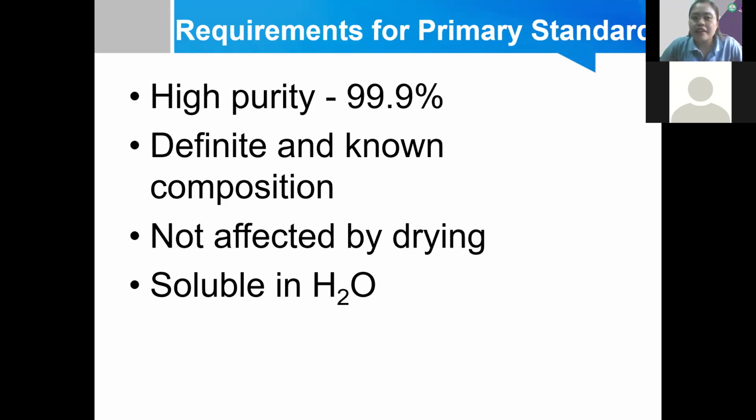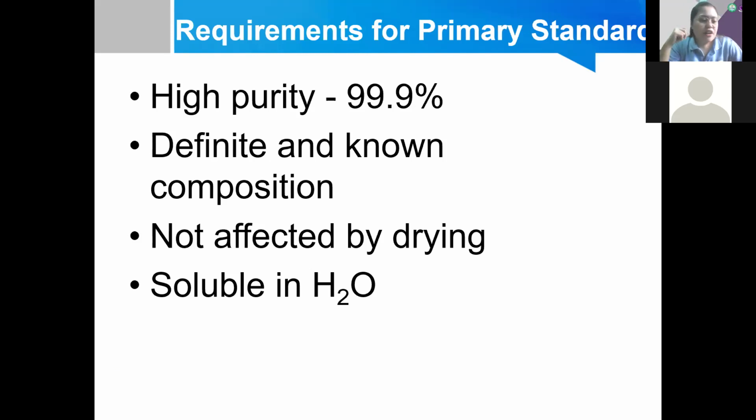Number one, it has to be very pure. About 99.9% pure. Like the one used for the standardization of sodium hydroxide, the potassium acid phthalate, it should be very pure. It should be made up of 99.9% potassium acid phthalate. Then, of course, a definite and known concentration, and not affected by drying.